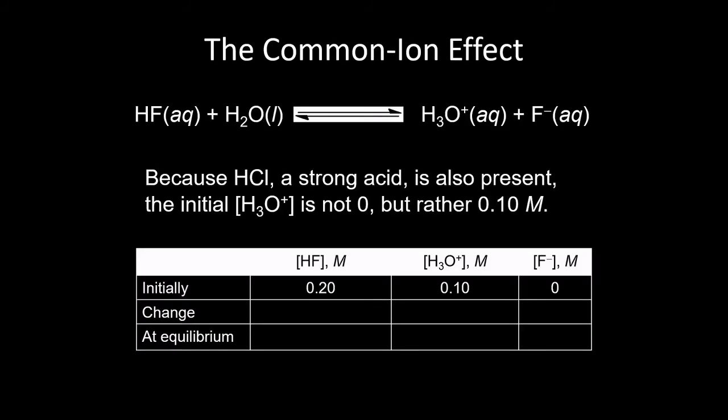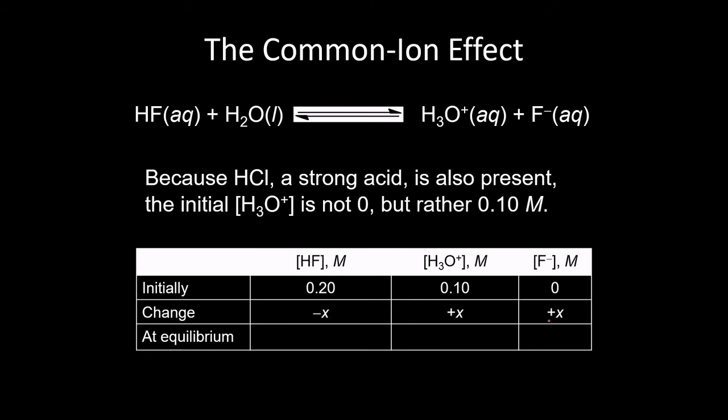If we go ahead and plug in what we know into an ICE table, we know we're starting with 0.2 HF, and we're starting with 0.1 H+, because that HCl, being a strong acid, every last bit of it is going to dissociate to make H+. And so we will have 0.1 of that, and we don't have any information about F minus, and so we'll just have 0 of that.